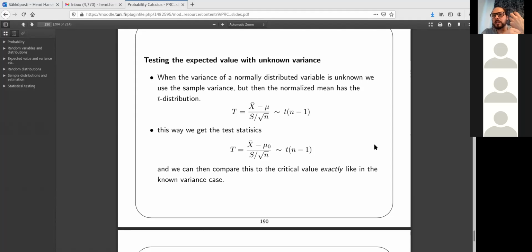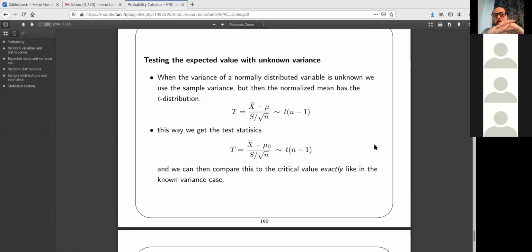But now you don't have the sigma. You have the sample variance, which is s squared over n, right? So you would have s over square root of n there.